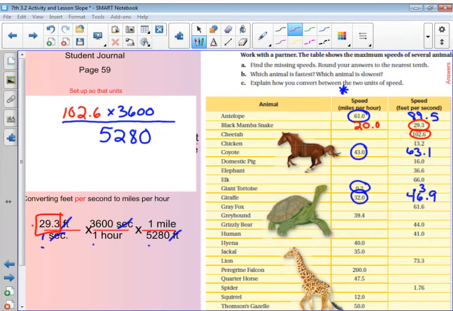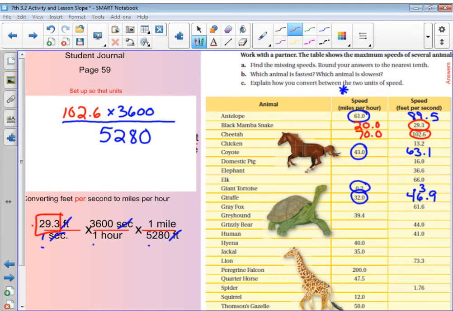So now in my calculator, 102.6 times 3,600, and divide that answer by 5,280. And when I do that, I get 69.95, and the 5 is going to tell the 9 to round up, which then the 9 is going to tell my whole number to go up to the next one. So instead of 69, it becomes 70.